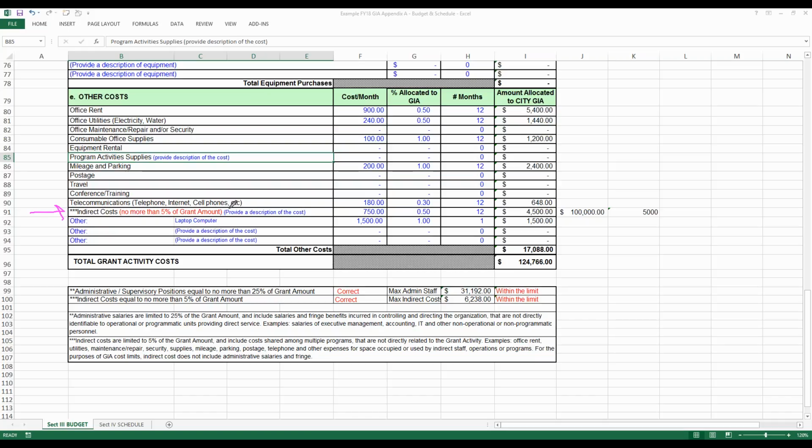I've also seen budgets where the indirect cost did include some office rent, some conference and training. So it's up to the organization, and I think every organization should have a policy on the indirect cost, and we accept it.